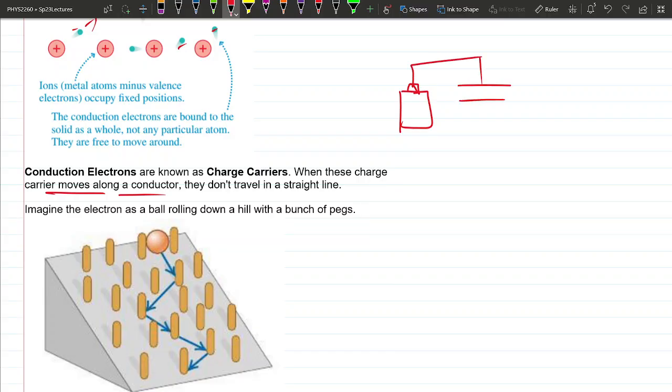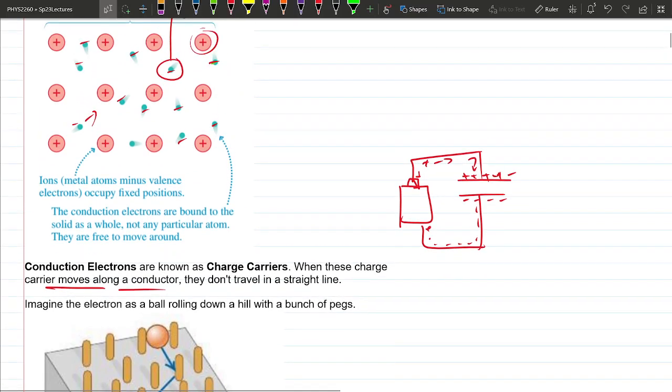The charge carriers move up to here to make a positive charge, and then the negative charge goes over here. They are the ones that move around. These are easy to move around in a conductor, but still, if you look at this picture up here, these little electrons are bouncing around the positive nuclei.